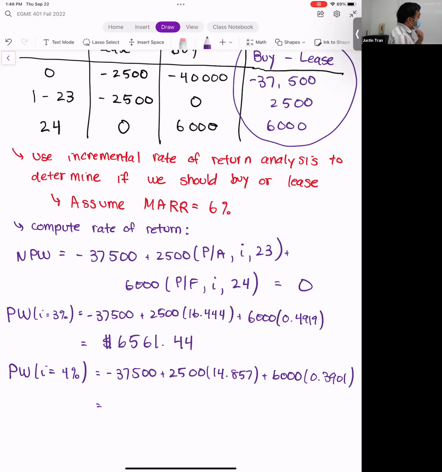You'll notice that the conversion factor is getting smaller. We go from 16.444 to 14.857, and then from 0.4919 to 0.3901. So this should bring us closer to 0, although it might not get us there exactly. We perform the arithmetic again, punch it in the calculator, and we get $1,983.10.